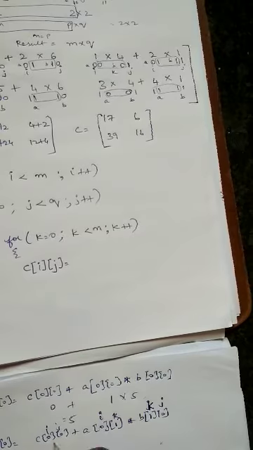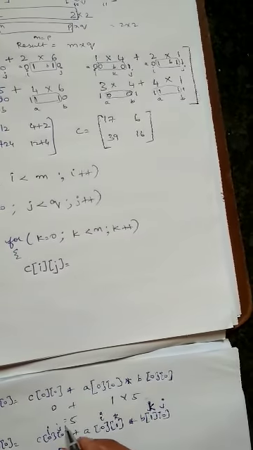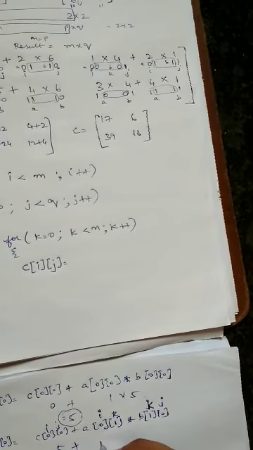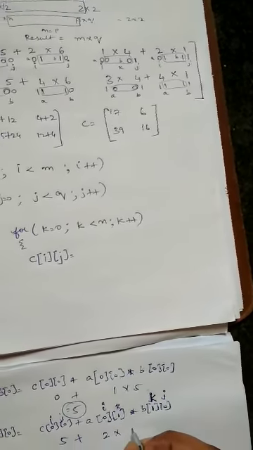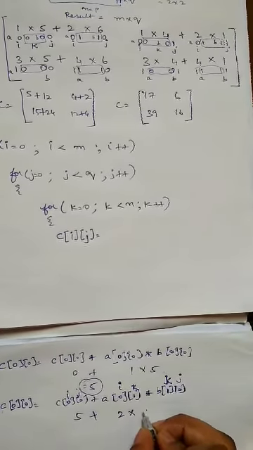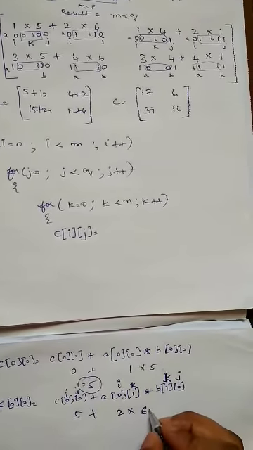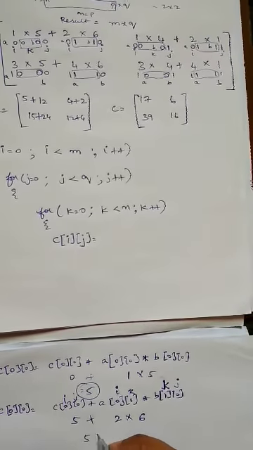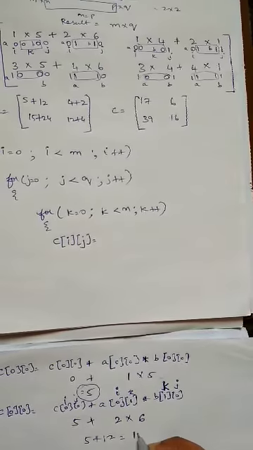So what is C of 0, 0? Previously it is 5, here we computed 5. 5 plus A of 0, 1 is 2, B of 1, 0 is 6. So it is 2 into 6 is 12. So 5 plus 12 will be 17.